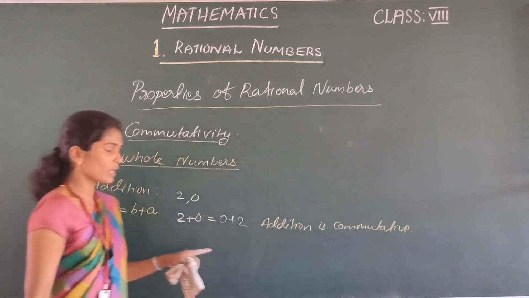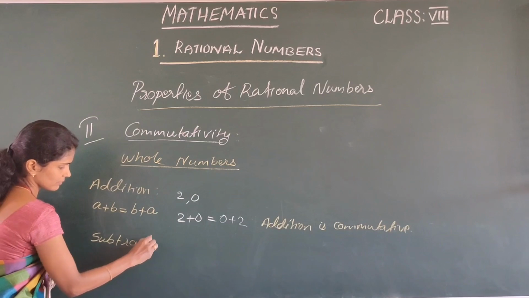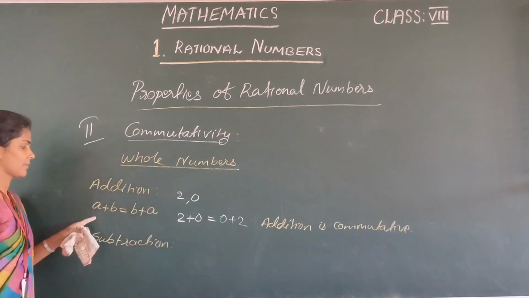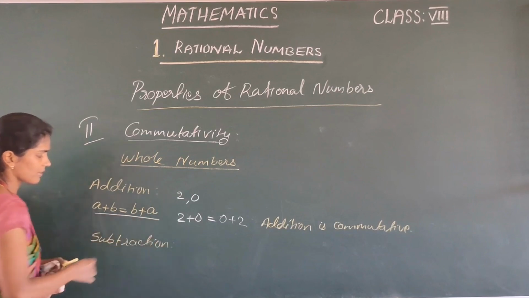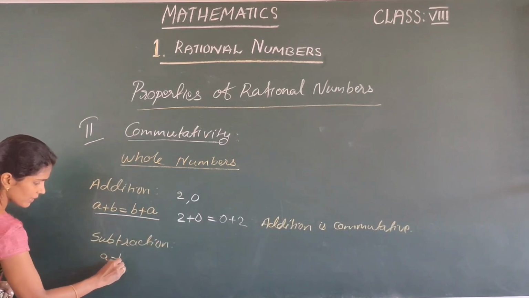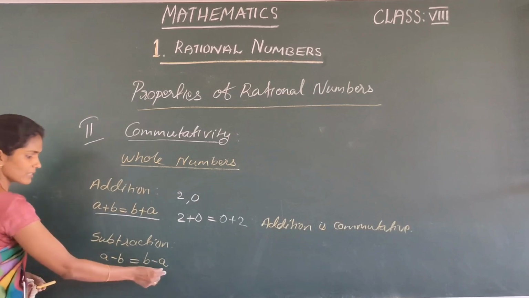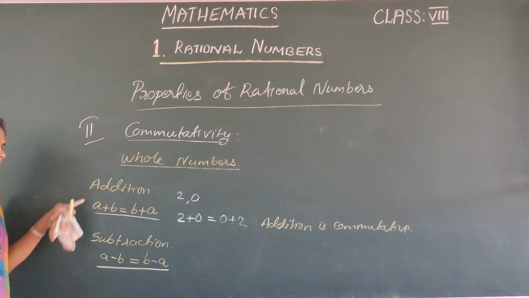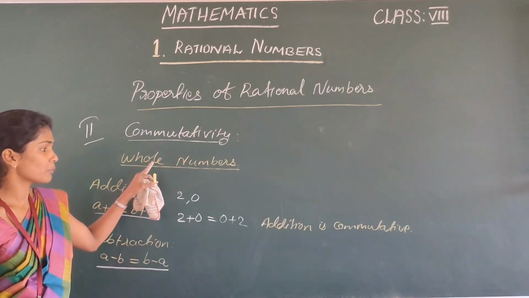Then in the case of subtraction, here we write like this: a minus b equal to b minus a. If a minus b equal to b minus a, these are commutative.